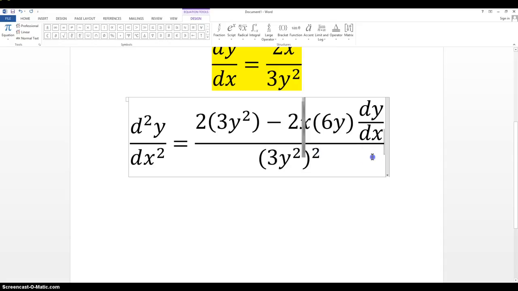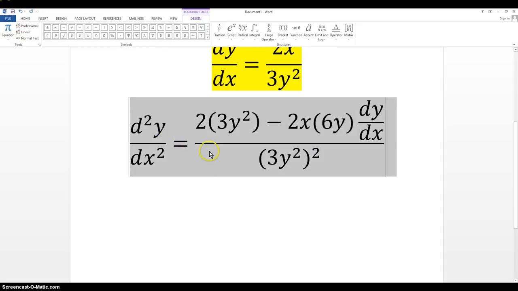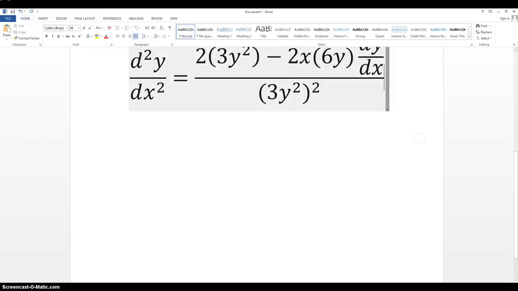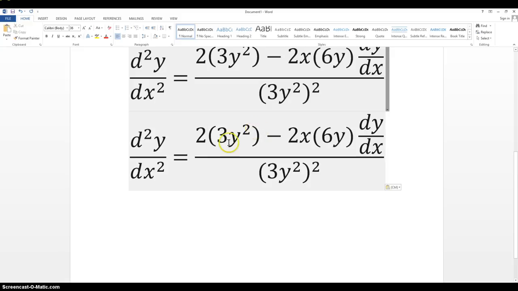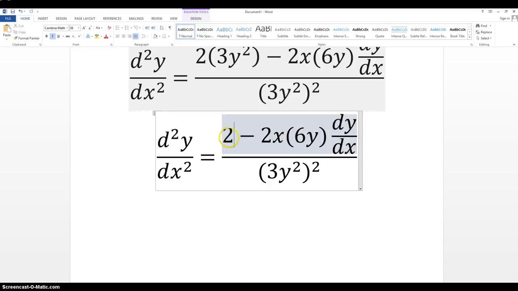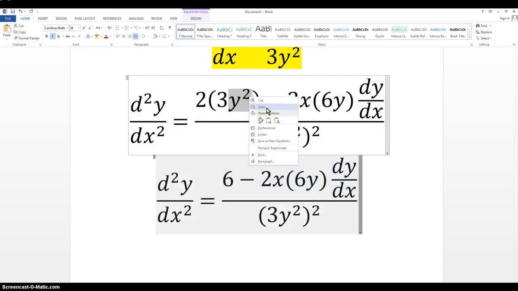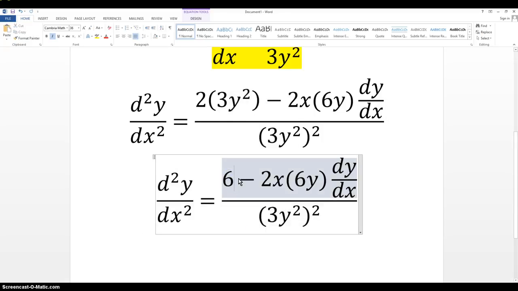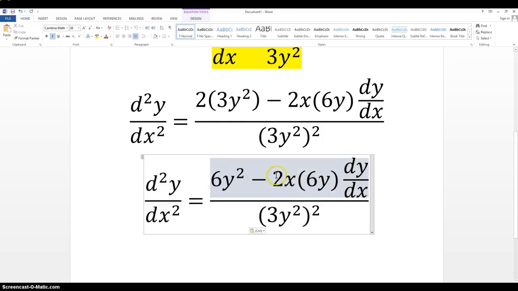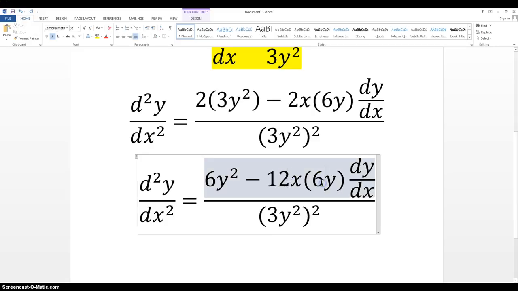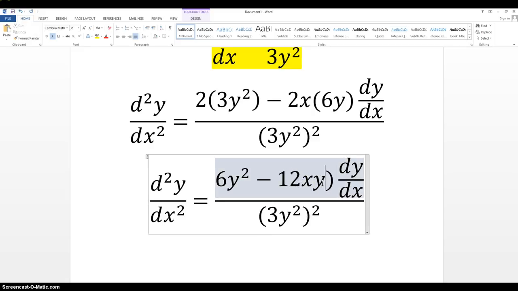So now if I clean it up a little bit, I can say that 2 times 3 over here is 6y squared, minus 2 times 6 is 12, so this is 12xy.